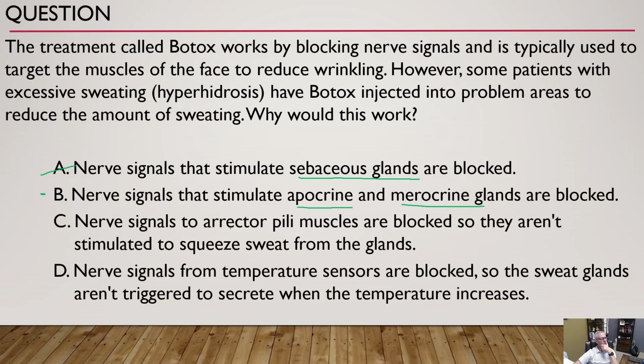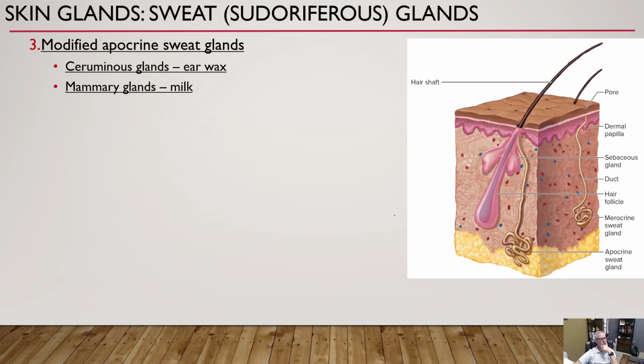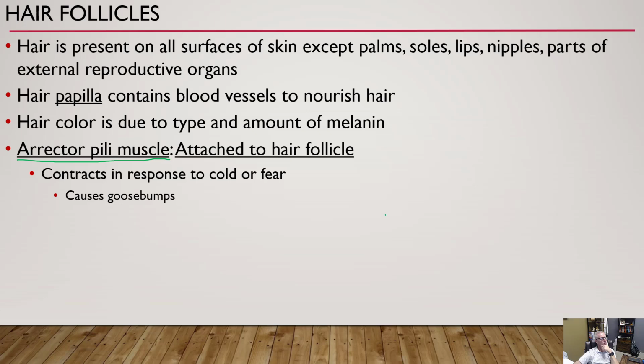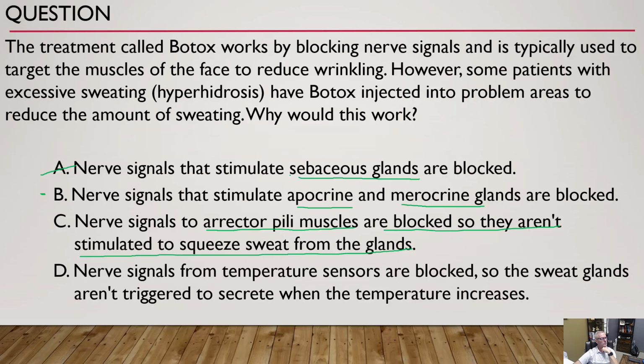Nerve signals to the erector pili muscles are blocked, so they aren't stimulated to squeeze sweat from glands. Let's go back to erector pili muscles. They're attached to a hair follicle and they contract in response to cold or fear and cause goosebumps. Nowhere does it say that erector pili muscles are stimulated to squeeze sweat from glands. So we're going to get rid of that answer.